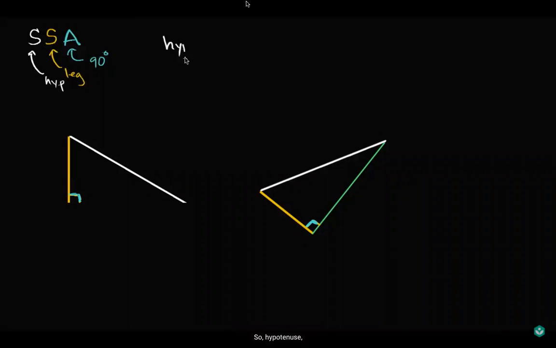Hypotenuse leg congruence. And if someone's saying there's a hypotenuse of that triangle, then that triangle by definition is going to be a right triangle. You can only have a hypotenuse in a right triangle. To get an intuition for why two triangles are going to be congruent if their hypotenuses have the same length and a leg has the same length, we can look at these two right over here.